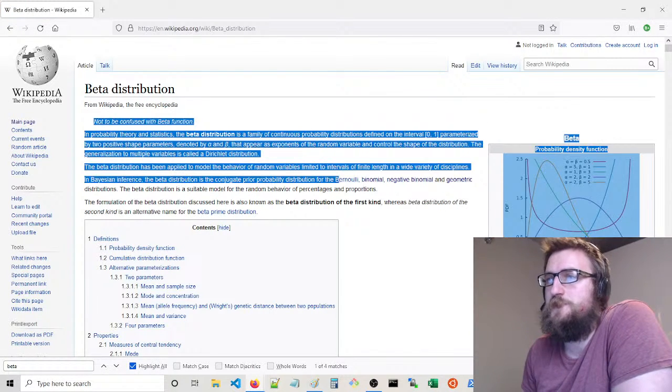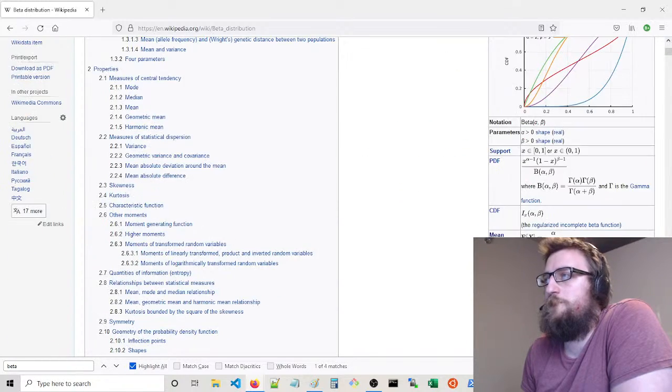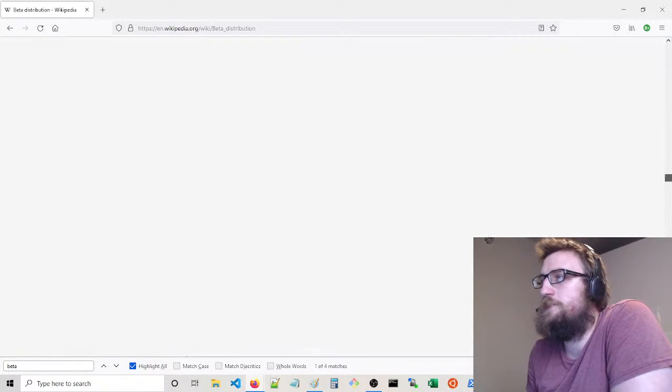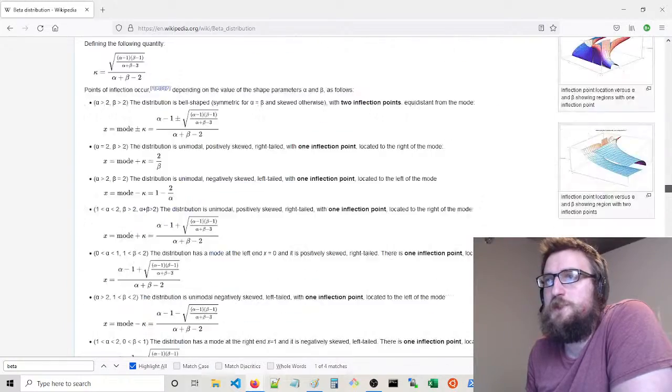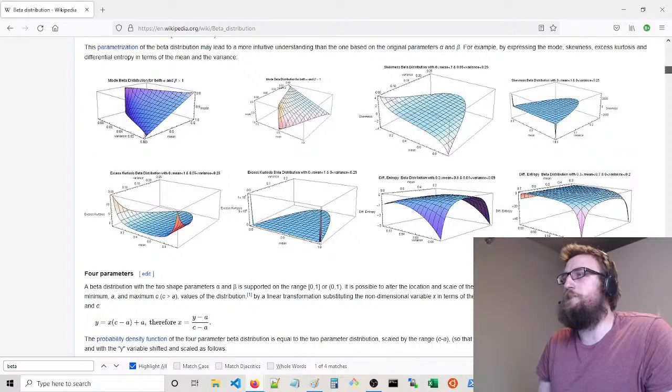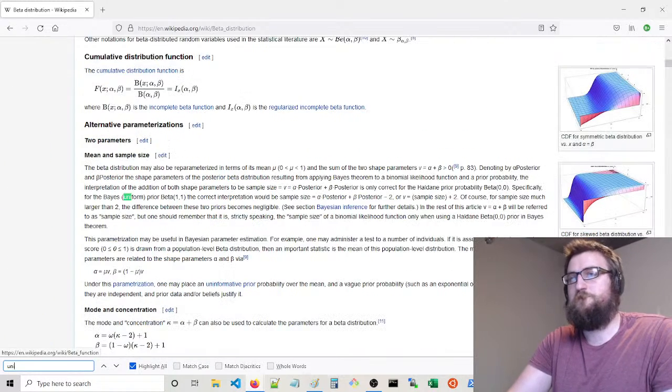Let's just say that was challenging for me to put together. So there's something special here that I want to show about the beta function and uniform functions.